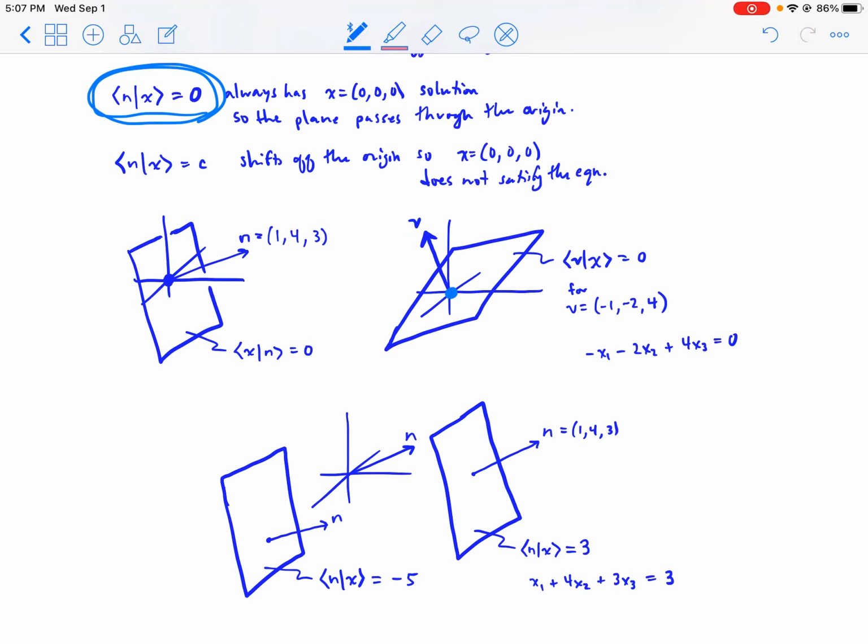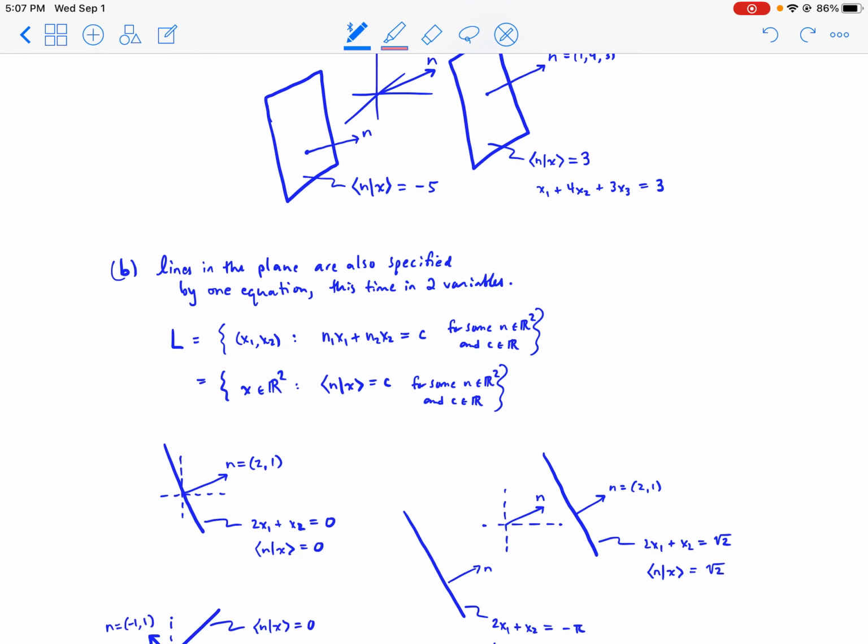This one, since we set it to be 0, is passing through the origin. And I wrote it out in full coordinate form compared to this abbreviated version where we've hidden all this linear combination in the dot product symbol.